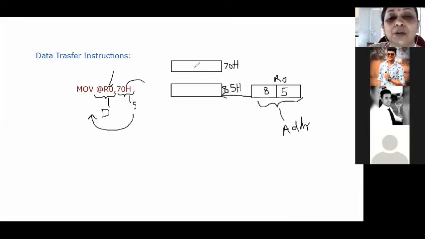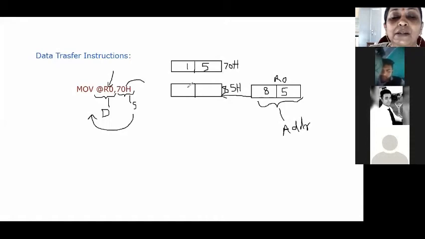Okay. Now suppose the data present in memory location 70H is 15. And suppose the data present earlier at 85 hexadecimal is 54. Now if you execute the instruction MOV @R0, 70H, then what will happen?